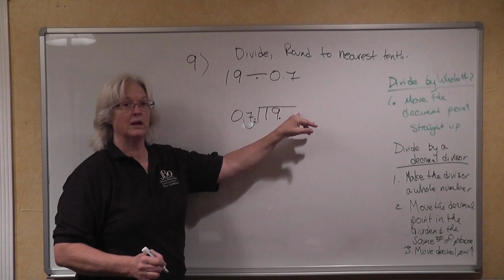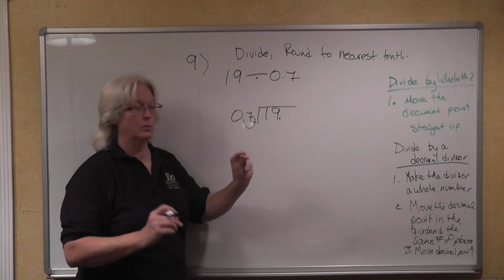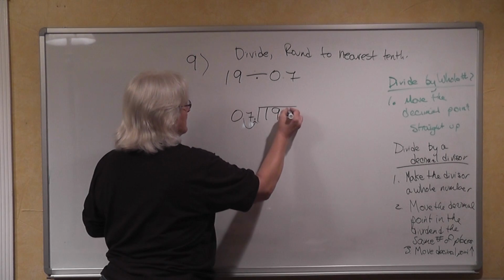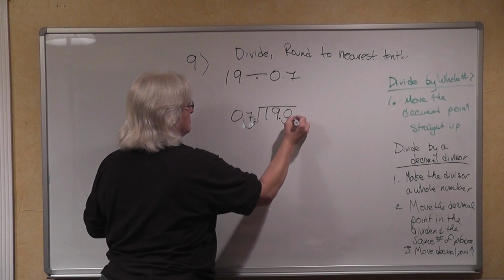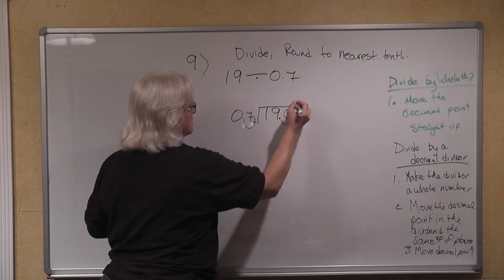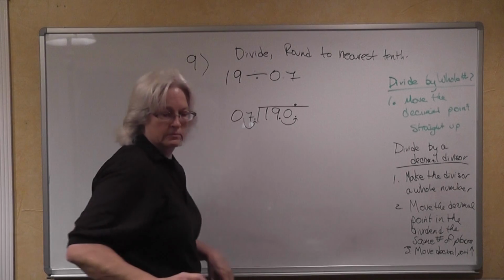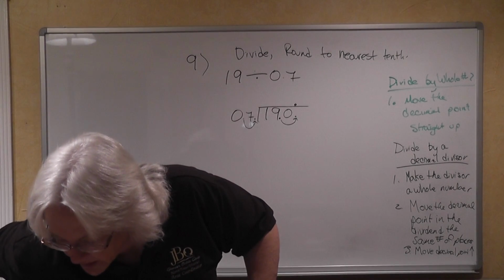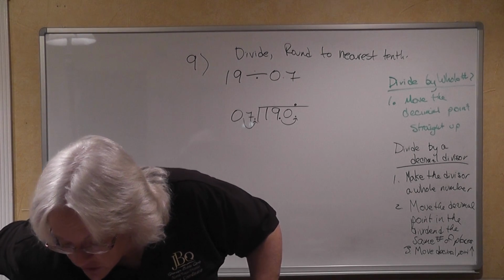We have to move it 1 place to the right. How are we going to do this here? We annex a 0 so that we can relocate our decimal point. Let me check and make sure that I'm headed in the right direction here. Yes.